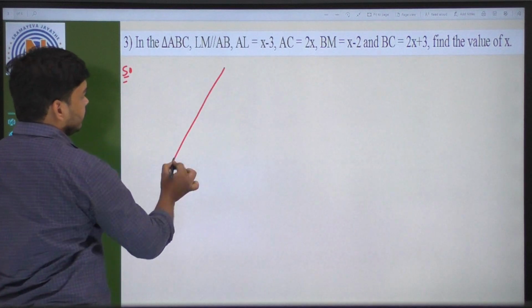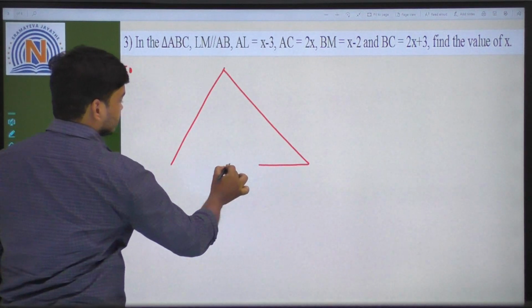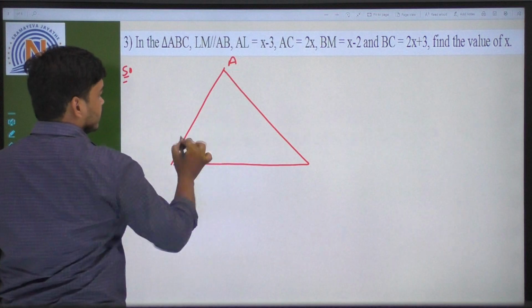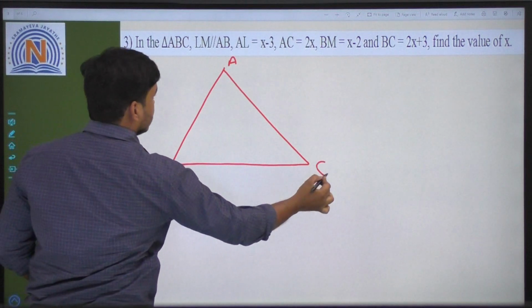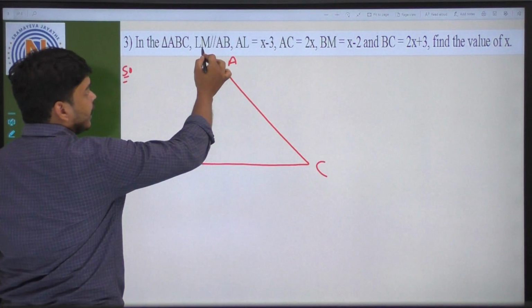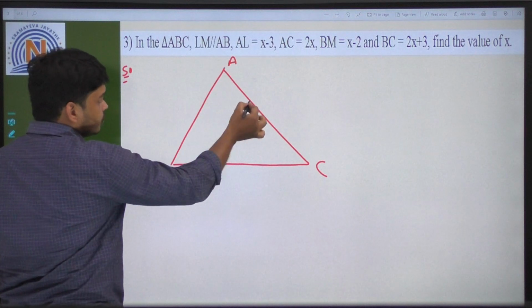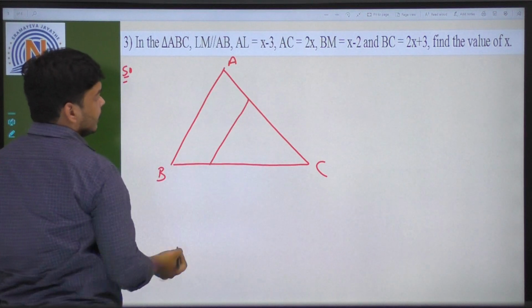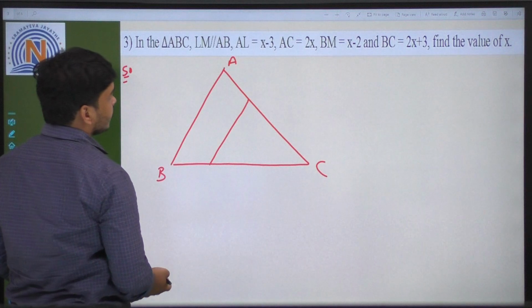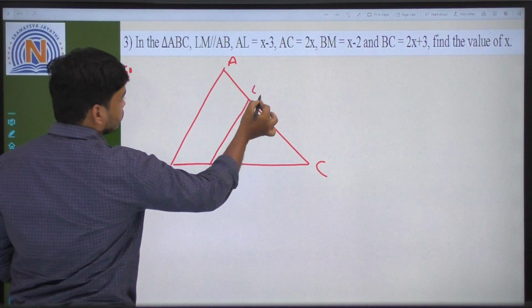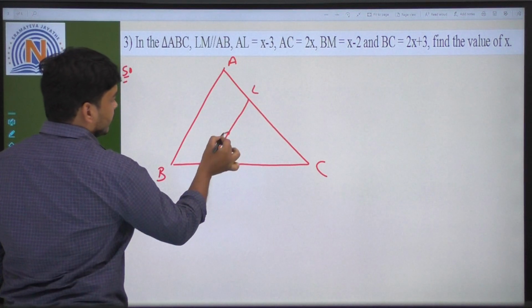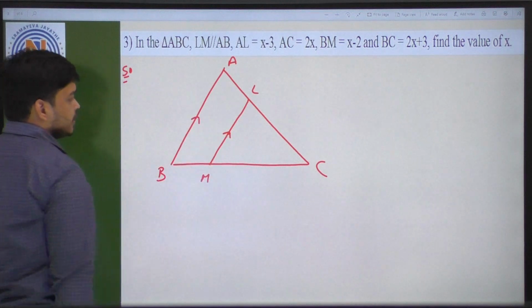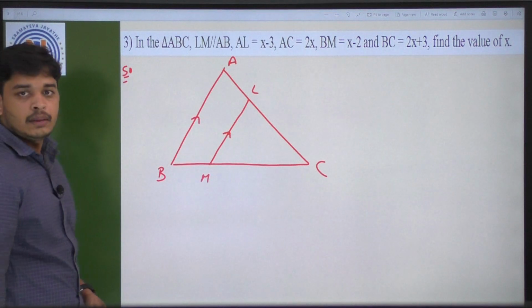So in a triangle ABC, what he is saying is that LM is parallel to AB. So there is a line LM which is parallel to AB. Then what is given?